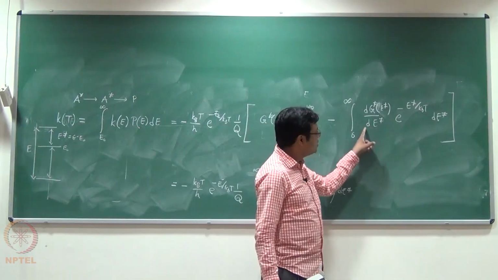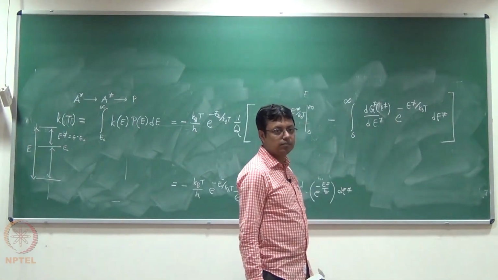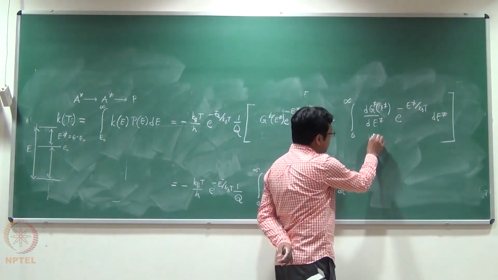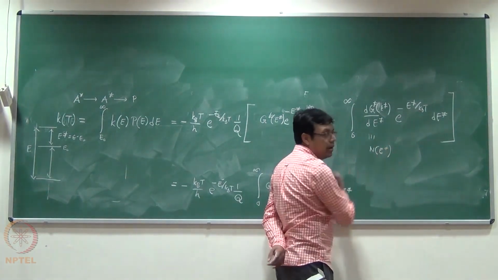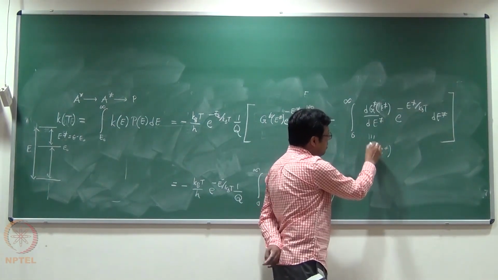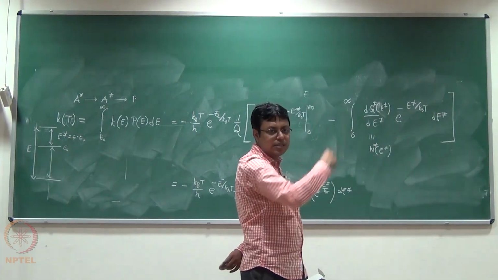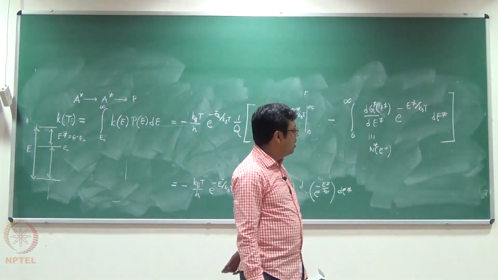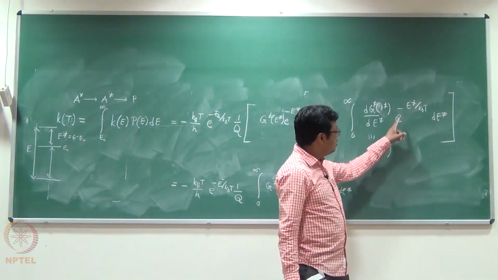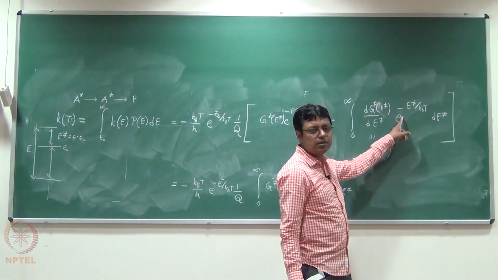This already by definition is the density of states. This is nothing but n(E), right? Because the derivative with respect to state is basically the density of states. And the density of states, what is a partition function basically?